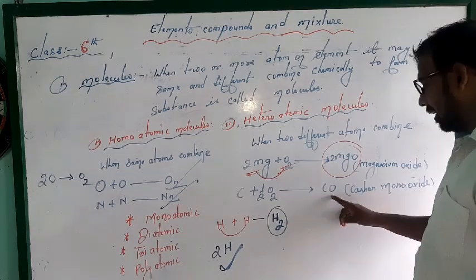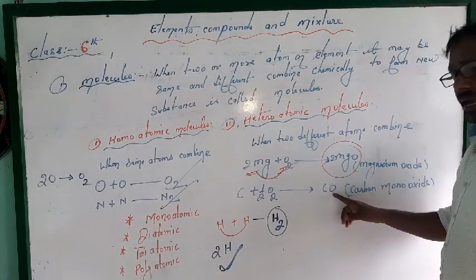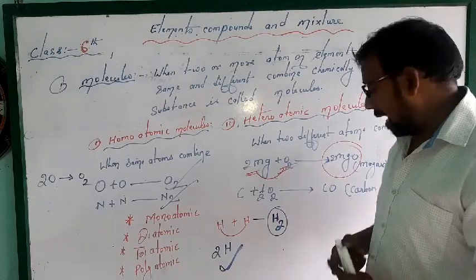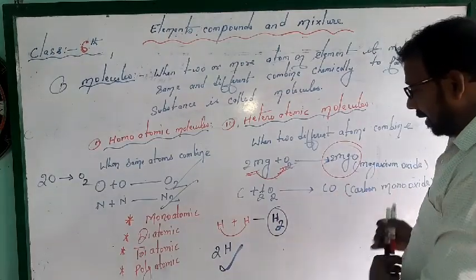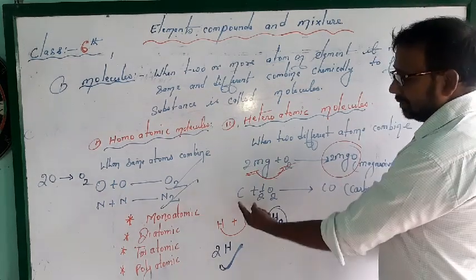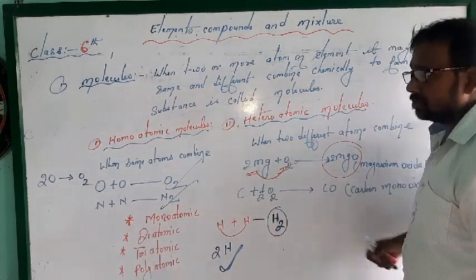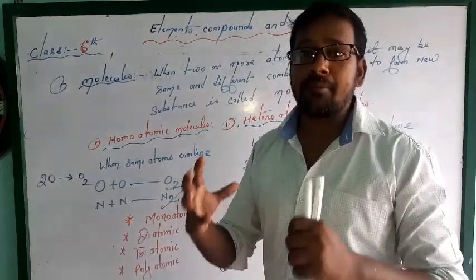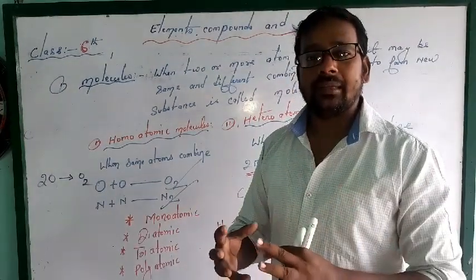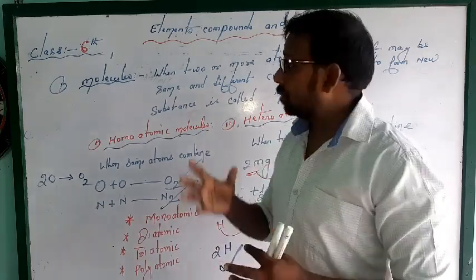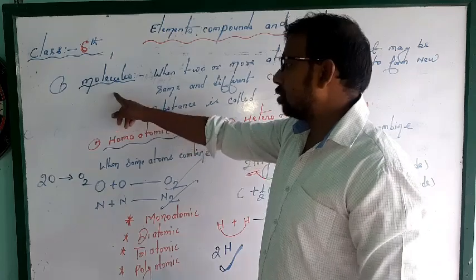And that carbon monoxide indicates there are two different elements combining chemically and producing carbon monoxide, which has different properties than carbon and oxygen. This means molecules are substances in which two or more elements combine chemically to produce a new substance called a molecule.